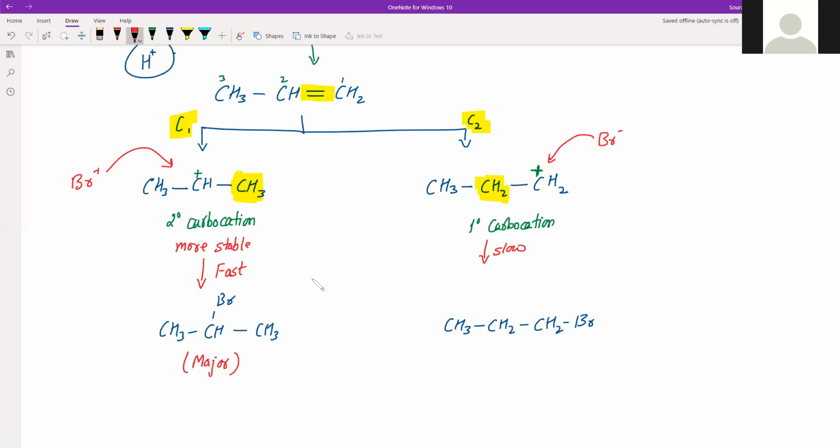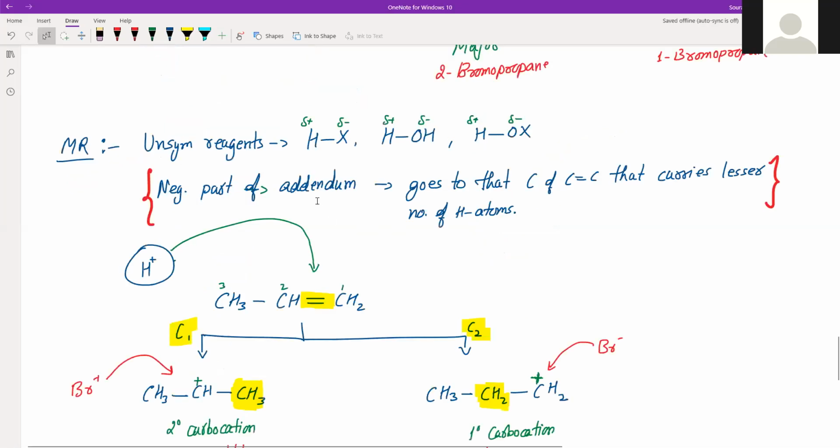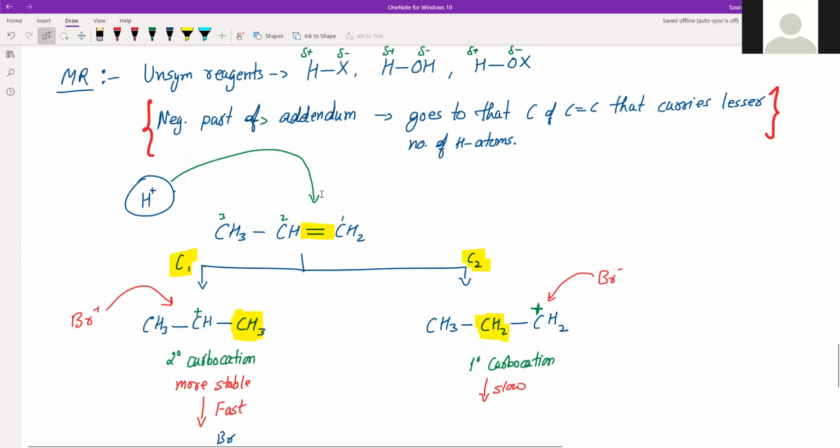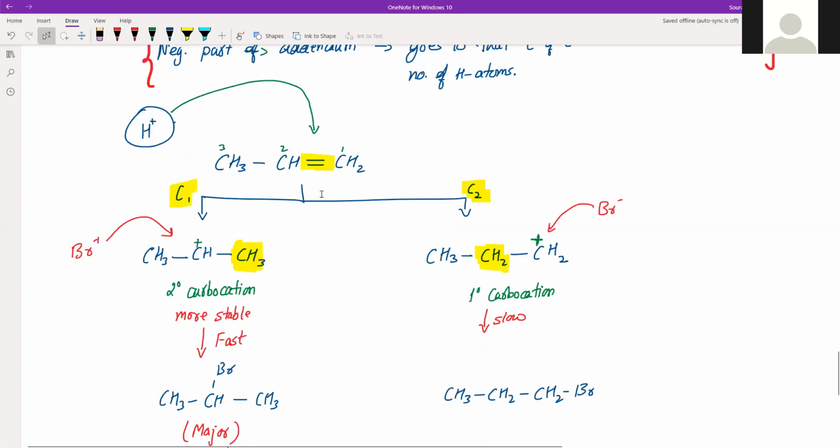And that is the explanation or justification of Markovnikov's rule. The carbon having lesser number of hydrogens, the other carbon has more hydrogens.